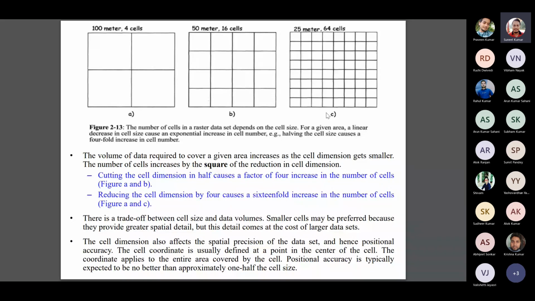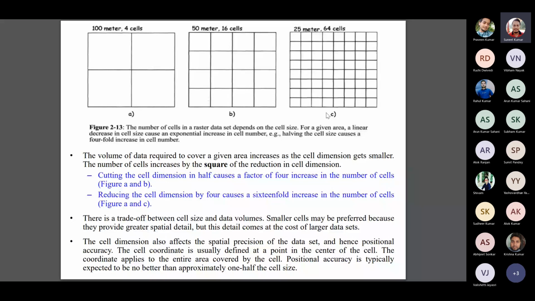For example, for a 25-meter cell, it is usually said that half of 25, which is 12.5 meters, is the deviation from the position. That's why if you reduce the cell dimension, the positional accuracy starts to improve.